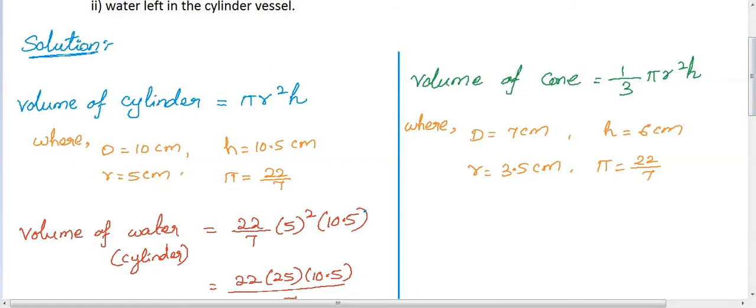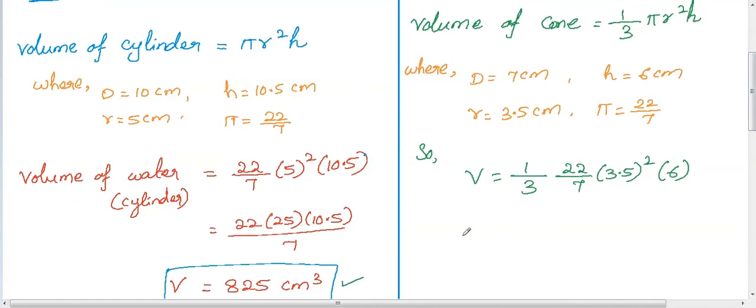If you substitute these values into the formula, we'll get volume is equals to 1/3 into 22/7 into 3.5 whole square into 6.